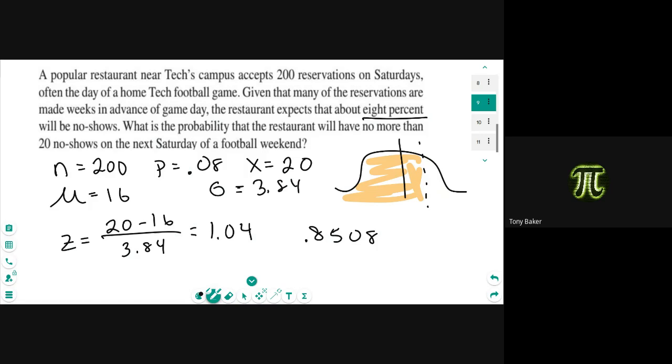Can I have 14 and a half or 14.1 no-shows? So this is discrete, right? So I have to do the 0.5. I want no more than 20, so it'd be 20.5.